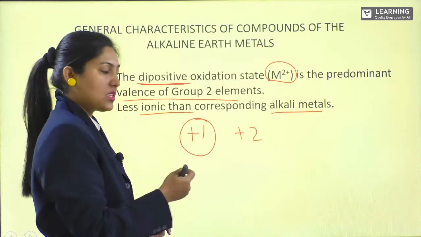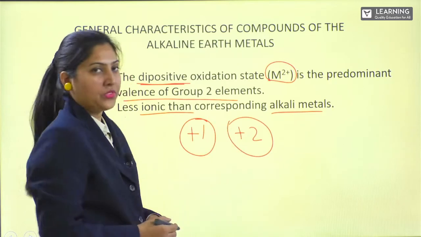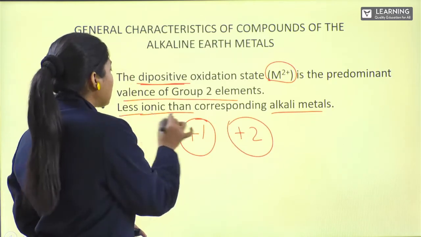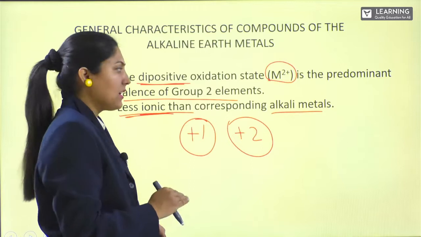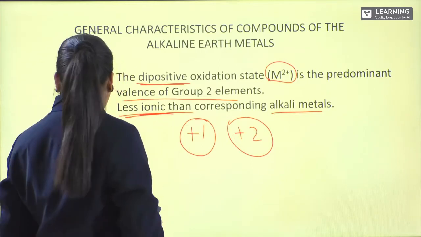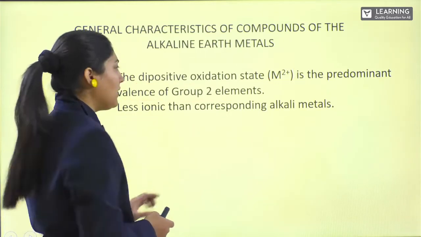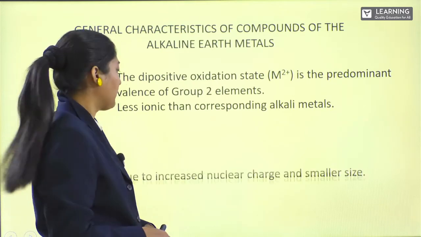Got it? So these alkaline earth metals are less ionic than the corresponding alkali metals.